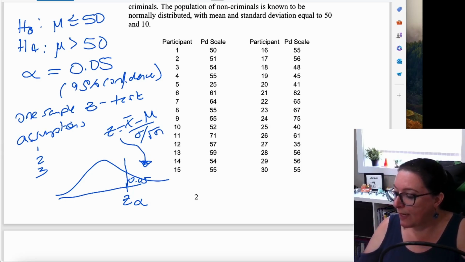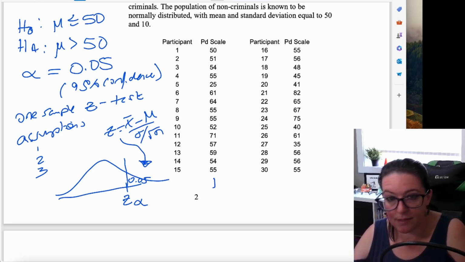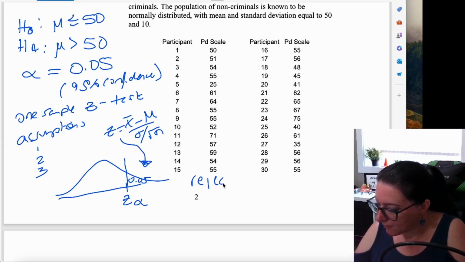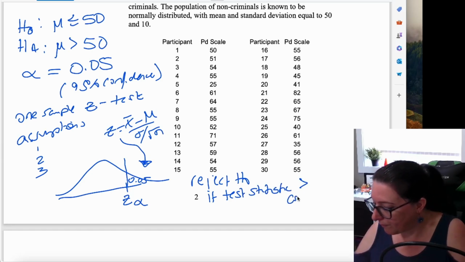Now, I'm just going to write this here just so we're clear on what we're doing. Okay, so we are going to reject H naught if our test statistic is greater than the critical value.